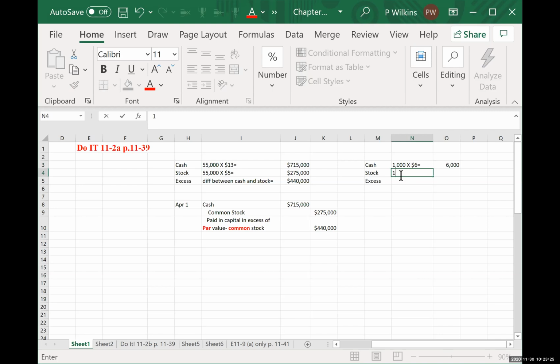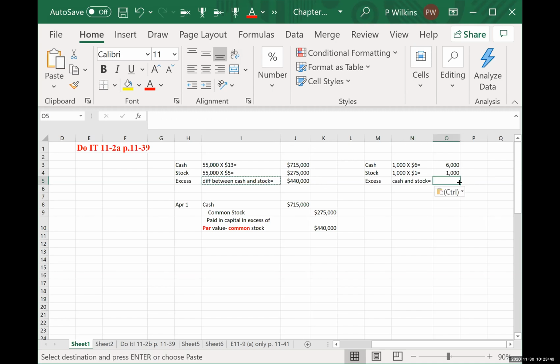The stock amount is going to be the number of shares times the par value or the stated value. And in this case, it is a par value of $1 per share. So the stock number is $1,000. And then the excess is the difference between the two. And in this case, the excess is $5,000. So that's our excess paid in capital.